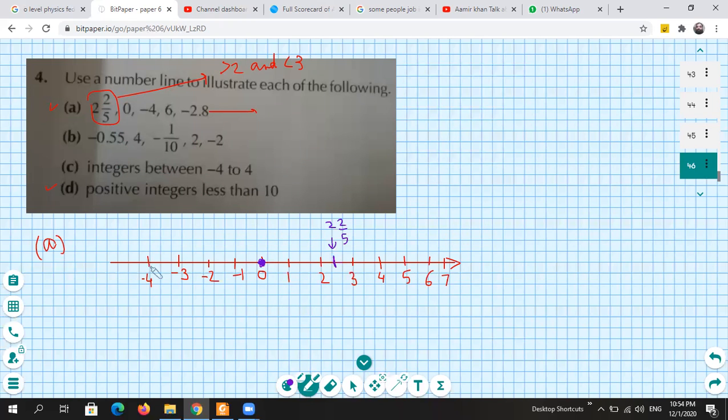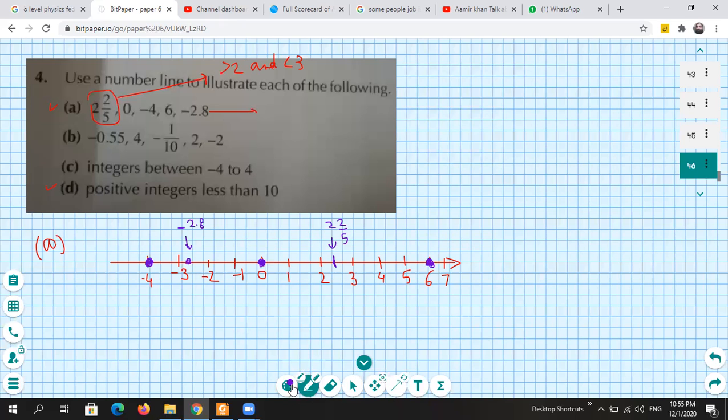Then -4, this one, and then +6. Then -2.8, which should exist between -2 and -3. So I guess this point is -2.8. So we have solved this part A.